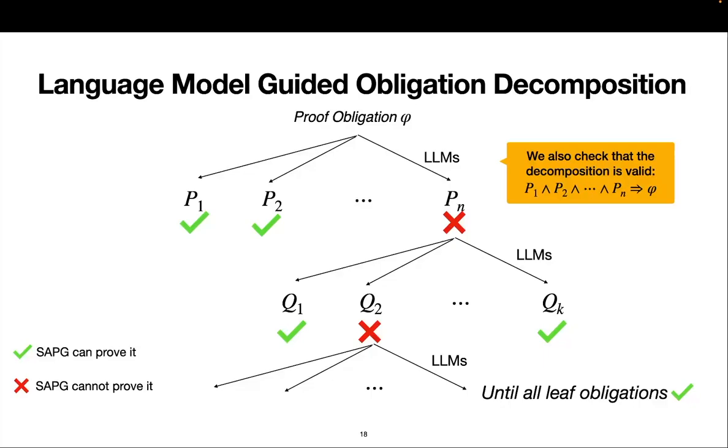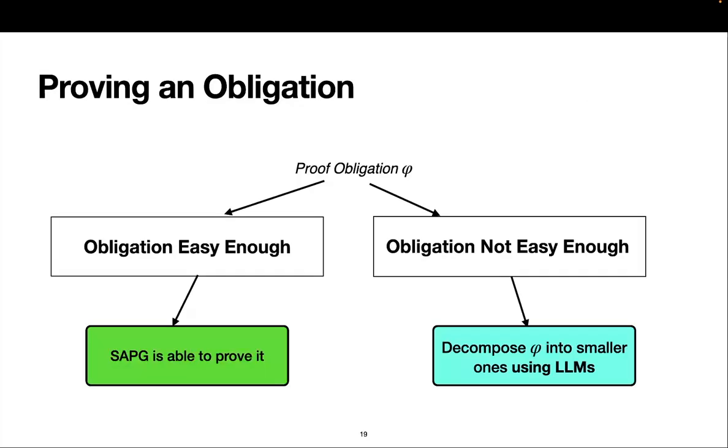This is an important check because without it, the LLM could generate subclaims that are individually provable but do not actually establish the parent obligation. This ensures that we don't accept a wrong decomposition generated by LLMs. So to summarize our approach, if the obligation is easy enough, SAPG can prove it directly. If it's not that easy, we can decompose the obligation into smaller ones using LLMs.